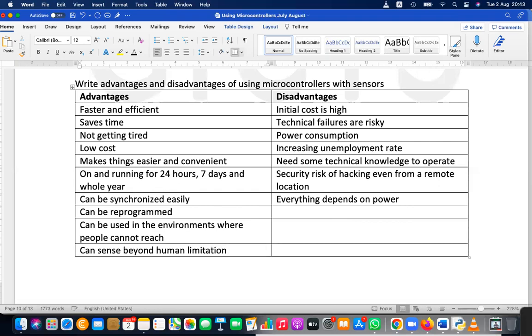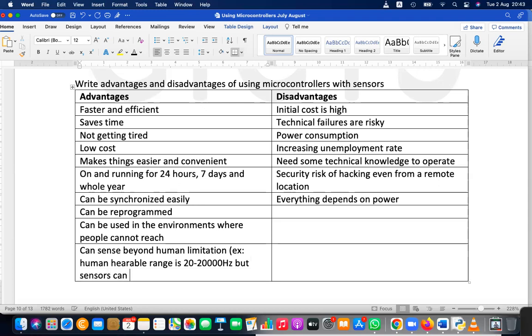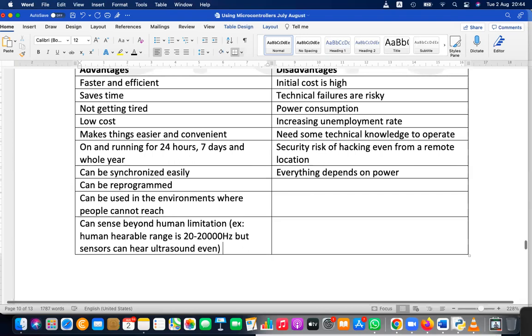For example, the human hearable range is up to 20,000 hertz, but sensors can even hear ultrasound. So it can go beyond human limitations. That is also an advantage.